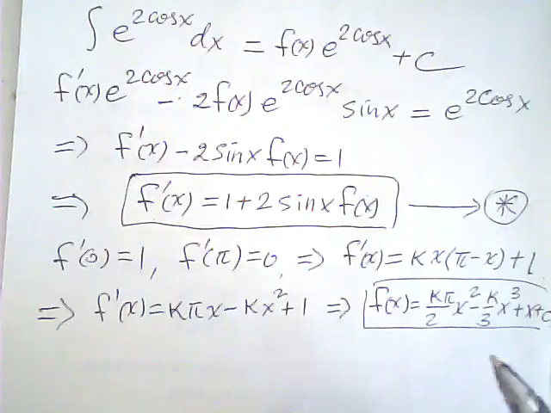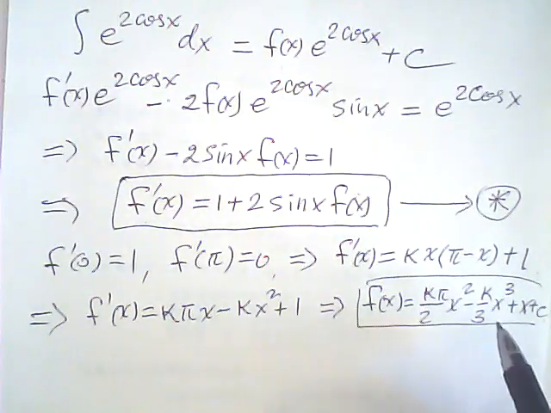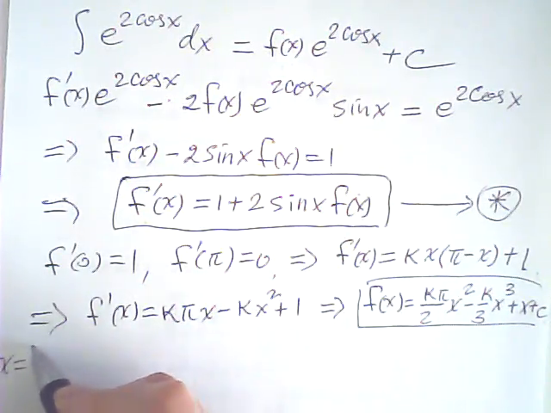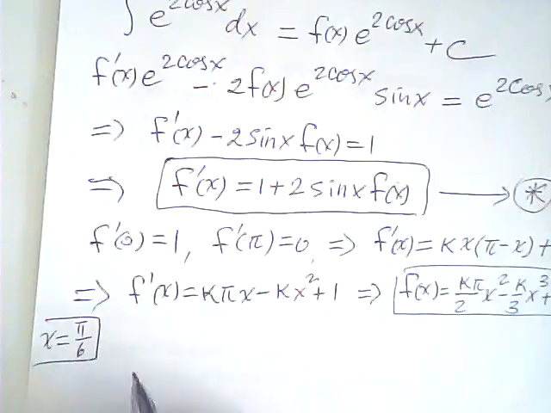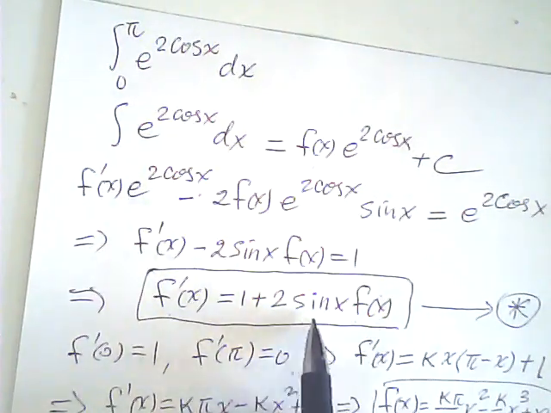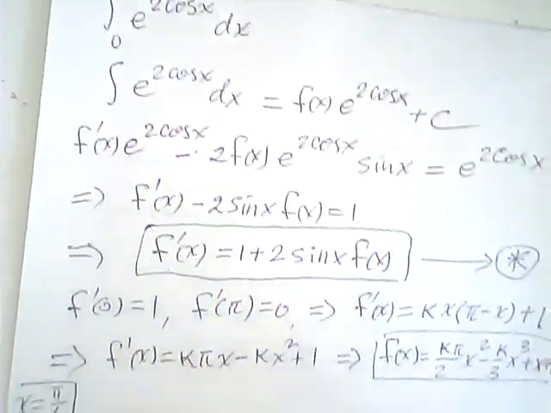We can create them by letting x be something. How about x is equal to pi over 6? Why? Because it's easy to calculate for sine.